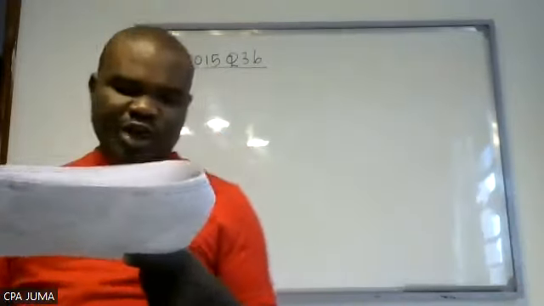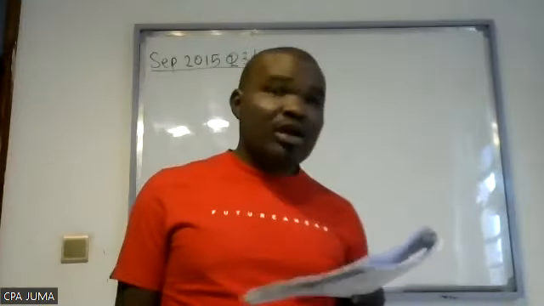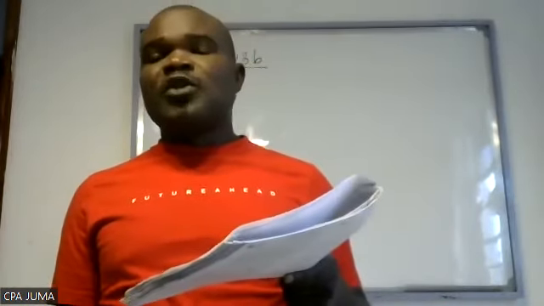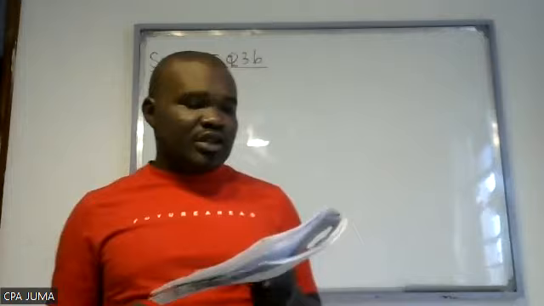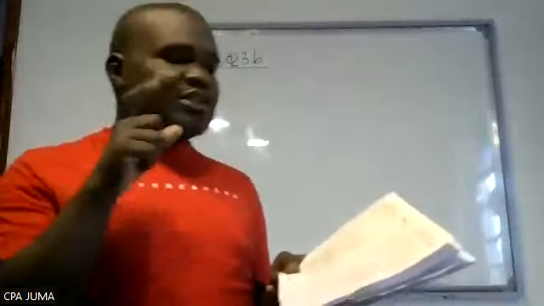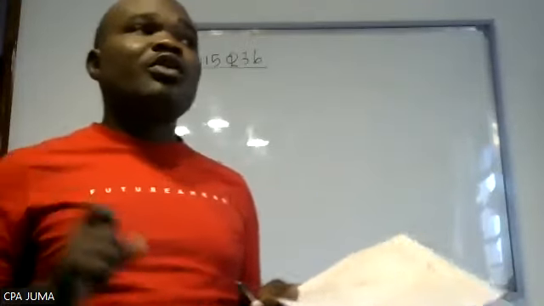They want us to calculate the current tax for the year 2015. Up there, they calculated for us the tax for 2014. The arrangement given up there is the arrangement you're supposed to follow. How do you calculate current tax?